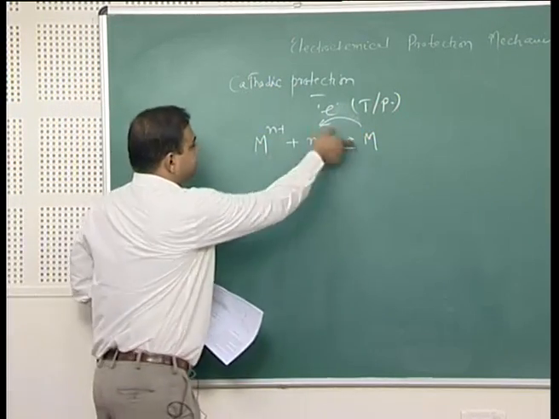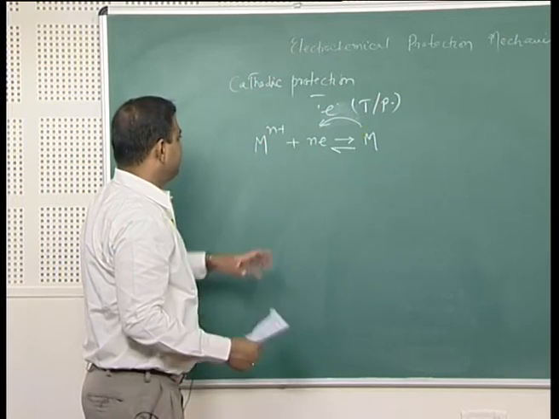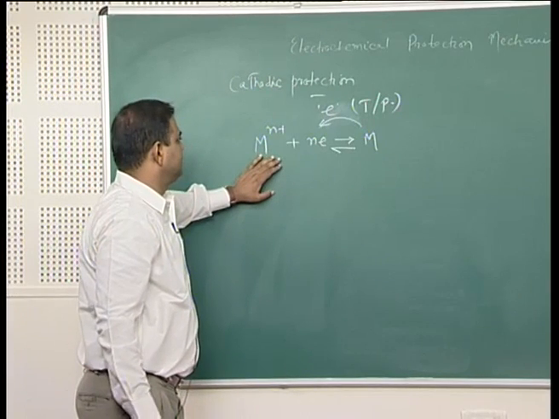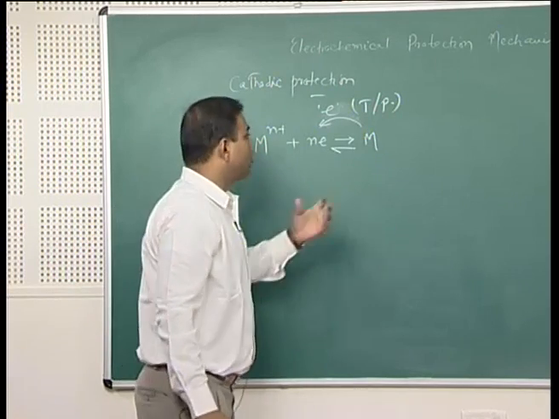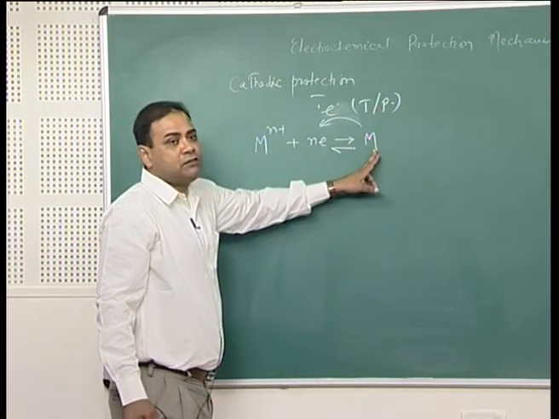So, if the forward reaction happens, it means that the metal ion has a higher tendency to go into the metallic elemental metal.